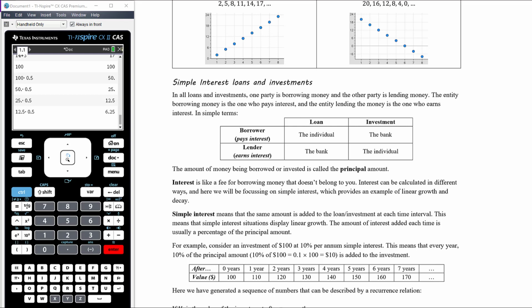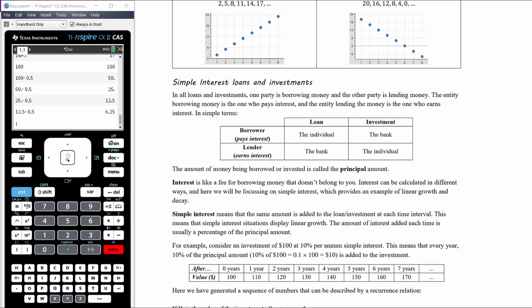The amount of money being borrowed or invested is usually called the principal amount, and interest is like a fee for borrowing money that doesn't belong to you. So interest can be calculated in different ways, and what we're going to focus on in this section is simple interest. Simple interest is not practically very common. Most loans and investments use compound interest, and we will move on to that in this topic.